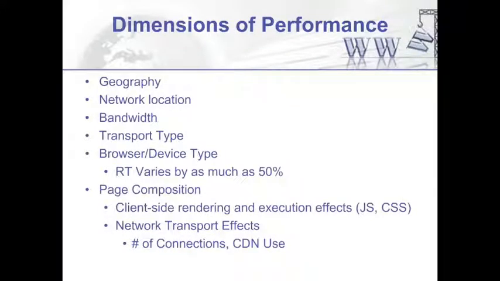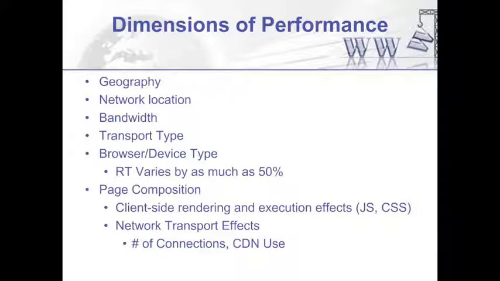Some of the things that impact performance, as you can see, are a little bit complicated. Geography is important. Where you are in the world is a prime determinant for the actual network latency, not the response time. The network location, this is, which ISP do you use, what's your effective connection type, your ability to get on and maintain a reliable connection.